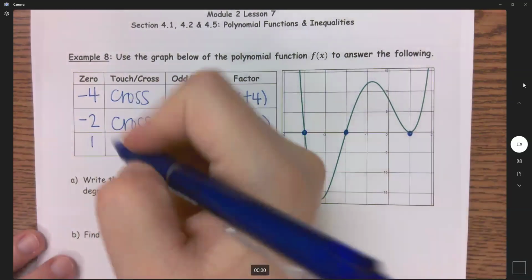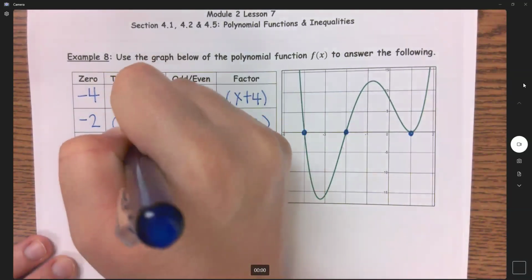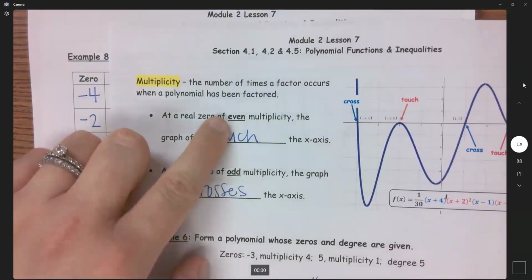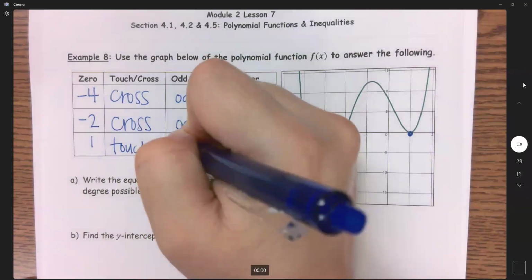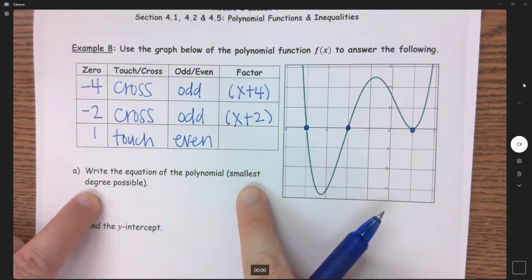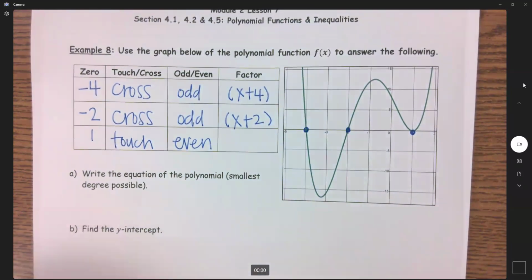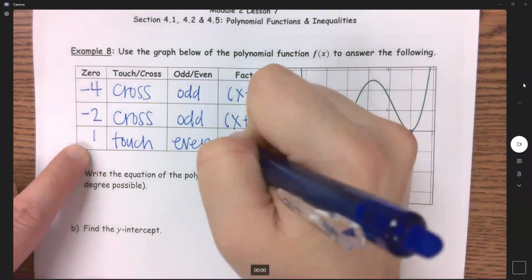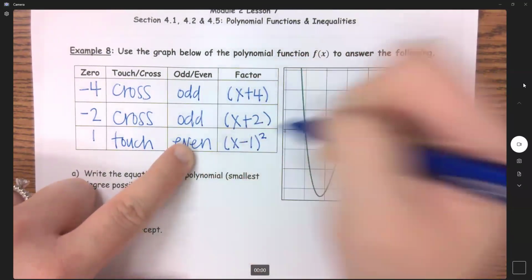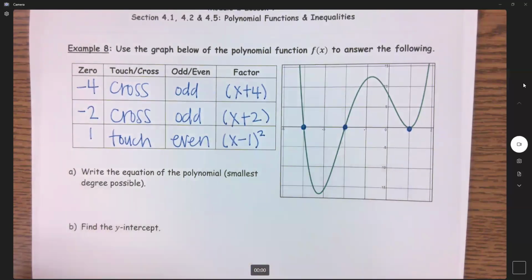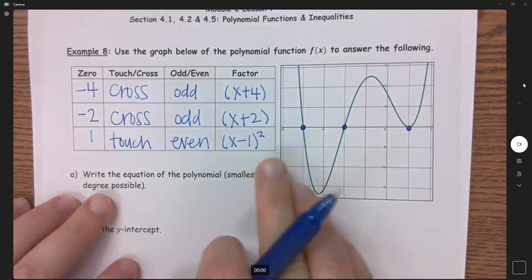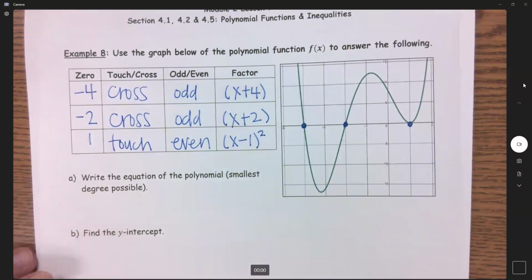This one touches, does not go through. When it touches, that is even multiplicity. And again, because I want the smallest degree possible, that even is going to be a 2. So in factored form, this is x minus 1 squared. If it didn't say smallest degree possible, you could do to the 4th, to the 6th, to the 8th, but smallest degree, 1s and 2s for that multiplicity.